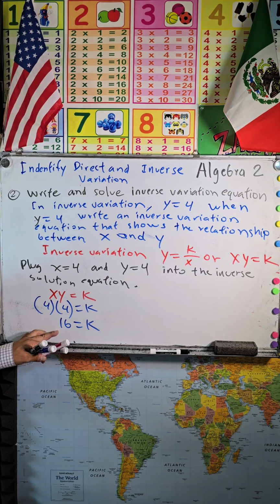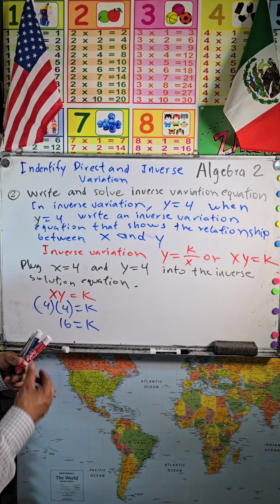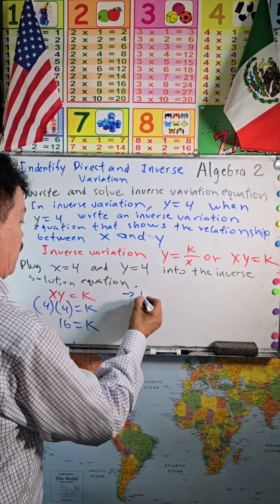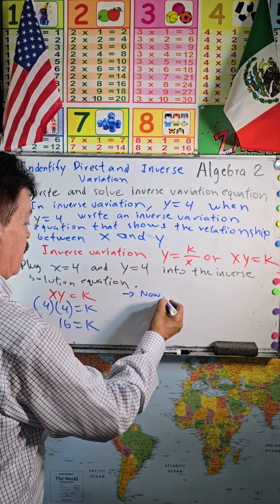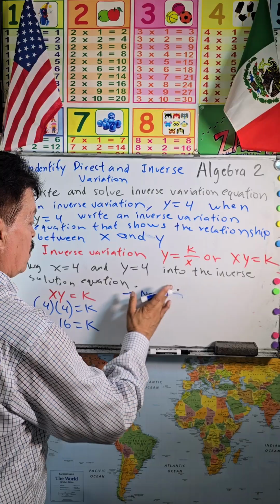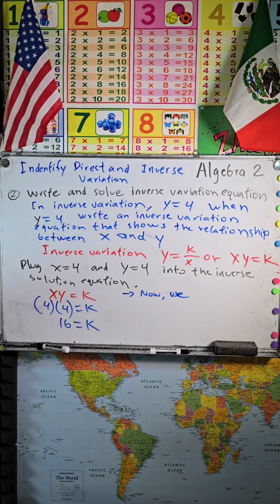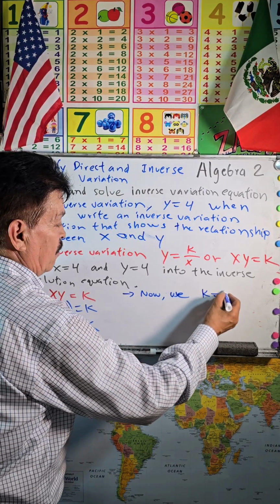Now use k equals 16 to write the inverse variation. So now we have to use k equals 16.